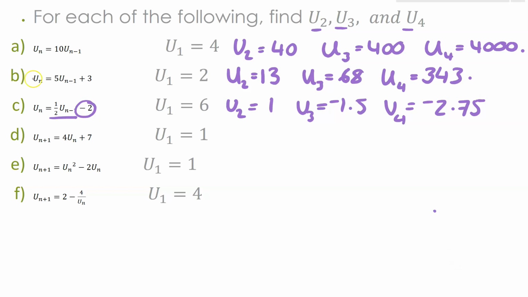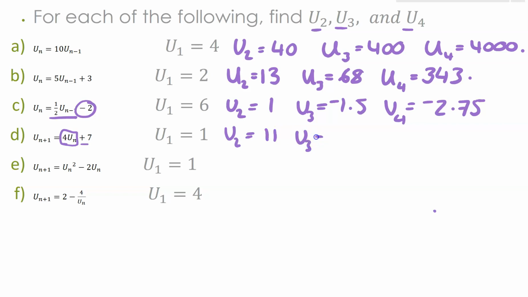Next one, so they've changed their notation, but again it still means the same thing. So this one means I'm going to multiply by 4 and then add 7. So u2, so 1 times 4 is 4, add 7 is 11.